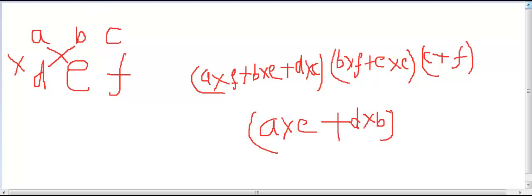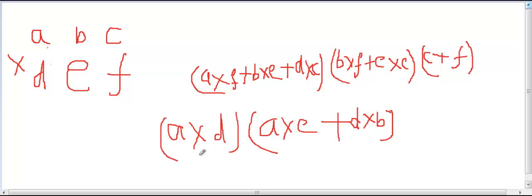Now we have to find out the fifth digit. The fifth digit is the multiplication of A and D. A and D. This is our fifth digit.